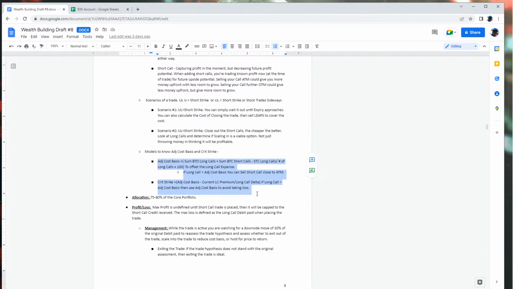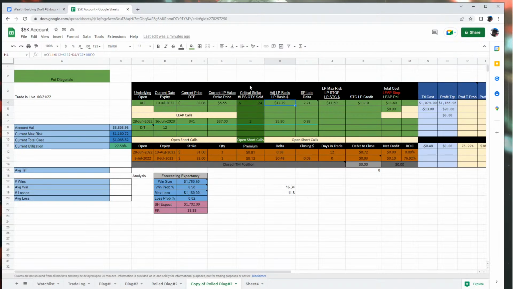So on my critical strike, it's going to be the adjusted cost basis minus the current long call premium divided by the long call delta.